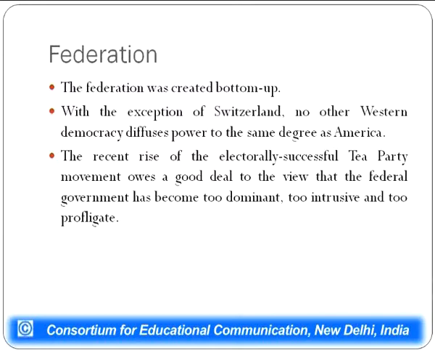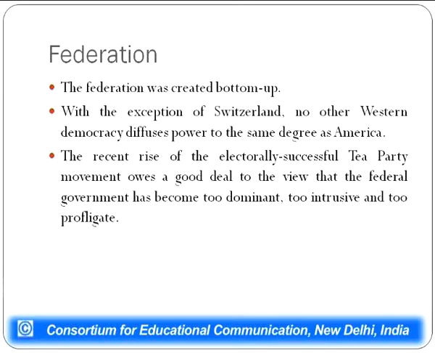Now, if you look at the nature of federation in the United States, how a federation is created differs in many states. These are called centrifugal federations, or centripetal federations. For example, in India, we devolved power, we created states from one center for administrative convenience, whereas in the United States, or for example in Switzerland, it was the other way round.